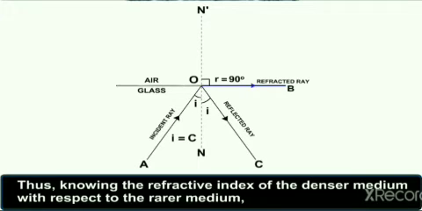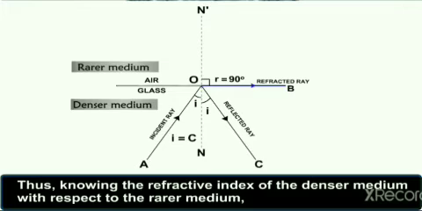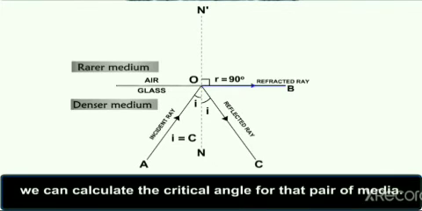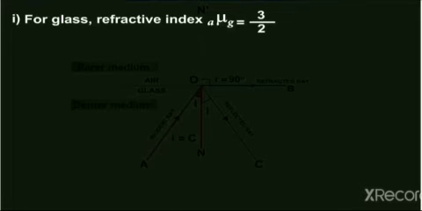Thus, knowing the refractive index of the denser medium with respect to the rarer medium, we can calculate the critical angle for that pair of media. Examples. First, for glass, refractive index of glass with respect to air is equal to 3 upon 2.